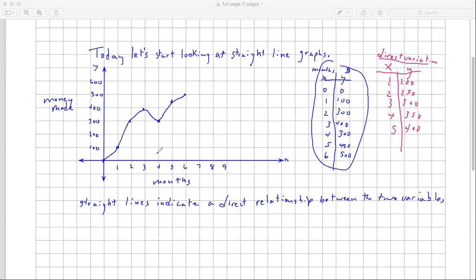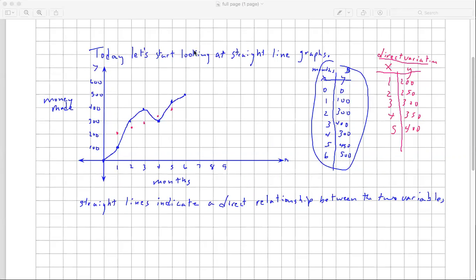And if I plot that, 1 is up at 200, 2 is up at 250, 3 is at 300, 4 is at 350, 5 is at 400. You see that I get a straight line right here.